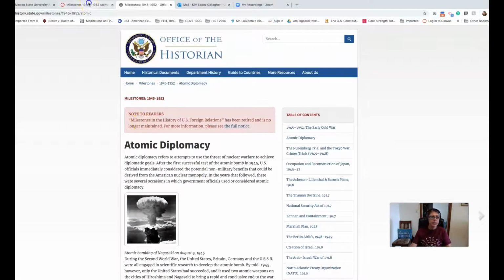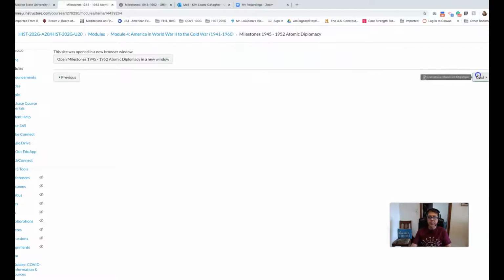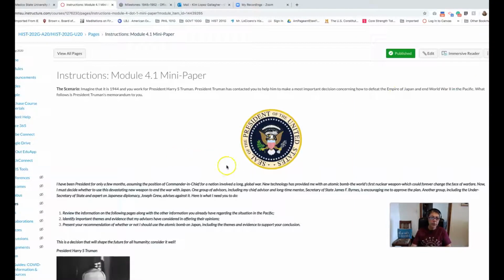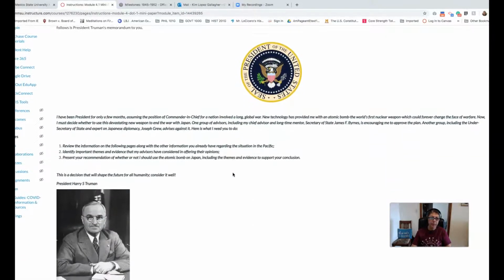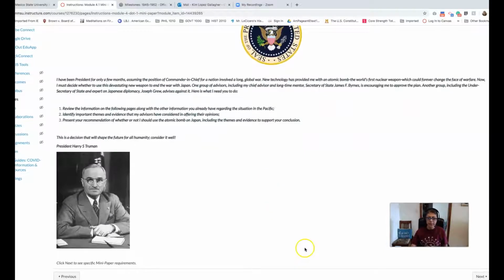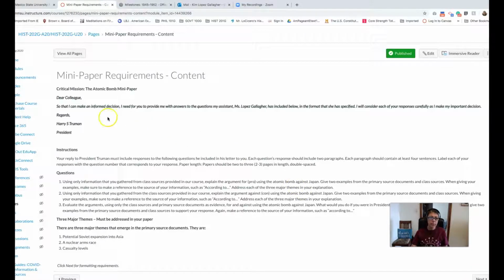All right, let me just go back here. So here are your instructions for the paper. Read through all of this, and this tells you what you're supposed to do. And then your specific instructions for the paper's content are on the next page.